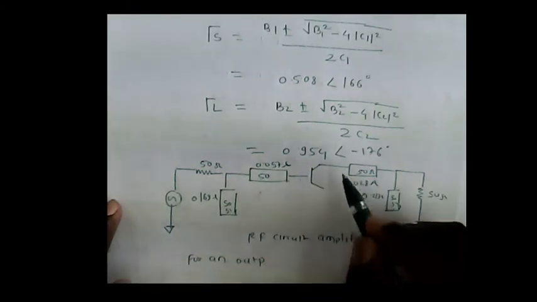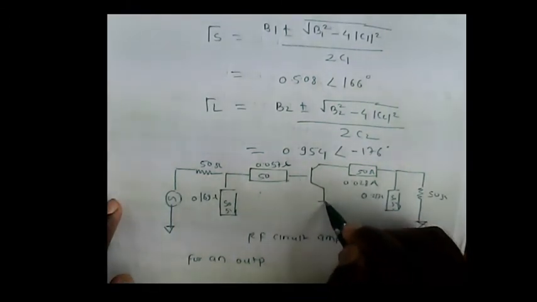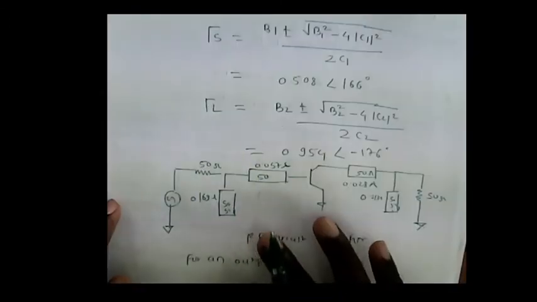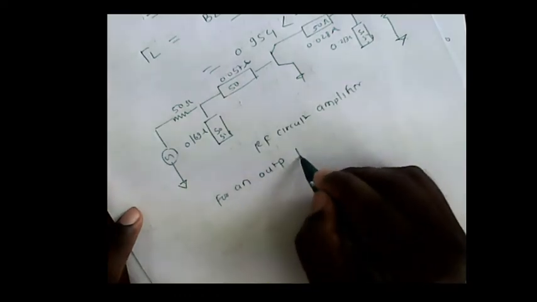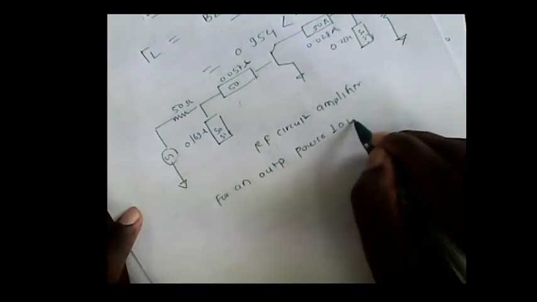We draw the structure by using the various parameters. Then we find the output power, which is given as 10 watt.